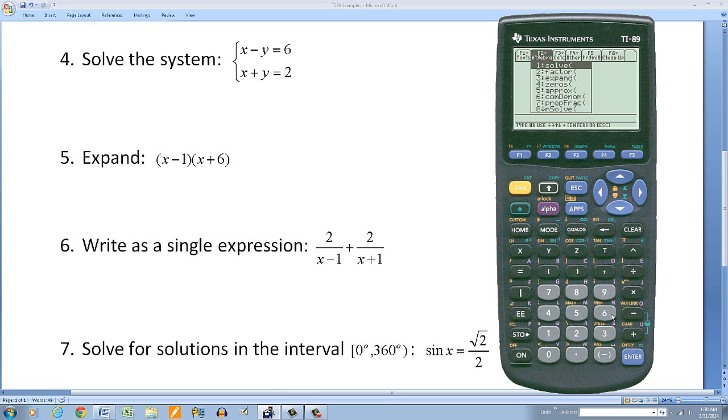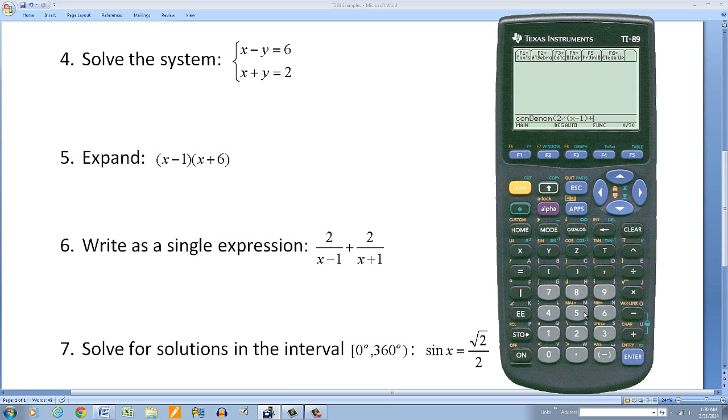Number 6. This is your command. So let's enter this 2 divide. Here we need parentheses. X minus 1. Okay.